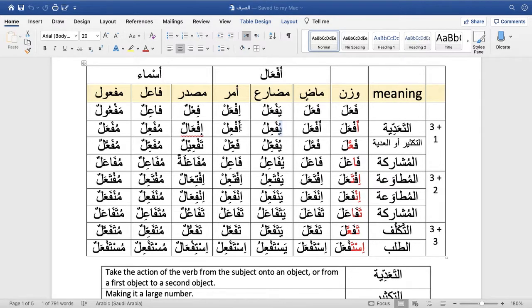Then the amr, likewise, it will always follow this pattern. The hamza will have a fatha, fa sukun, and the ain a kasra. Ajlis, adrib, a'lim, etc. And obviously the amr has a sukun from his i'rab.